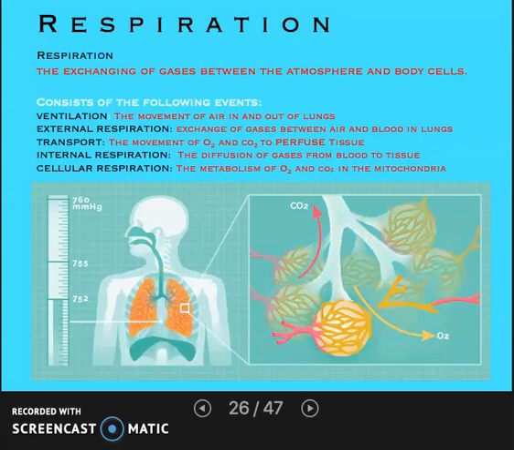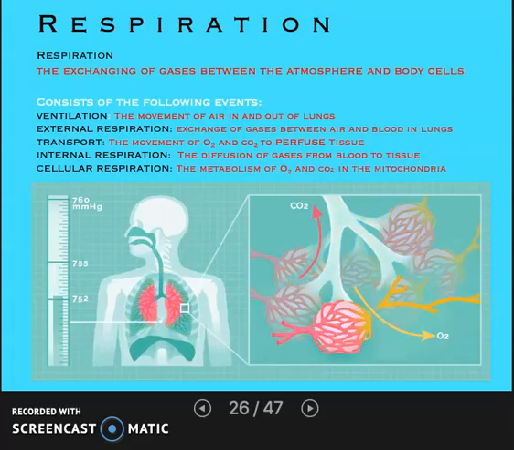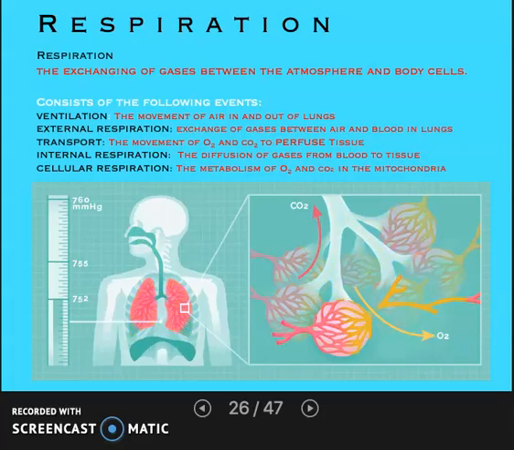So remember that we talk about respiration as the exchange of gases between the atmosphere and the body cells, and we've broken that down into a couple different components: ventilation, external respiration, the transport of O2 and CO2 around; internal respiration, the exchange of gases at the tissue level in the systemic circulation, that is, delivery of oxygen to your body cells. And then last but not least, what drives all this is that process of cellular respiration, which happens at the cellular level with the mitochondria.